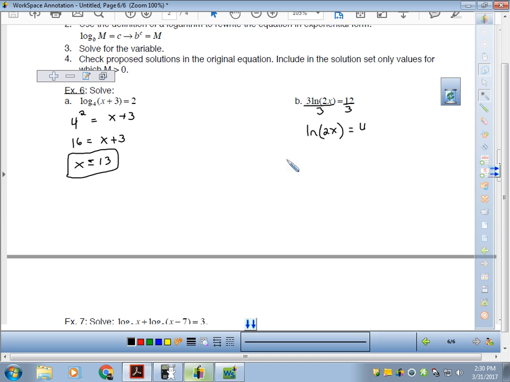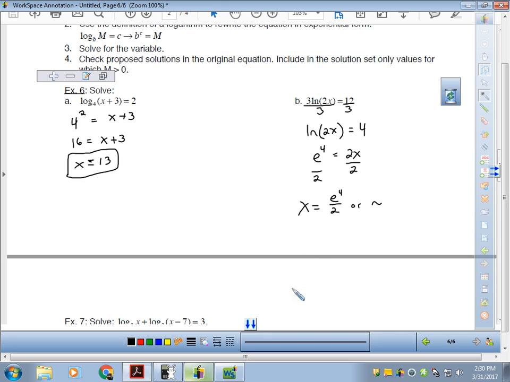So now I will rewrite it as an exponential. The base of my logarithm is e. It's raised to the 4th power, and it equals 2x. And then I can solve for x by dividing both sides by 2. So my exact answer is e to the 4th power over 2.